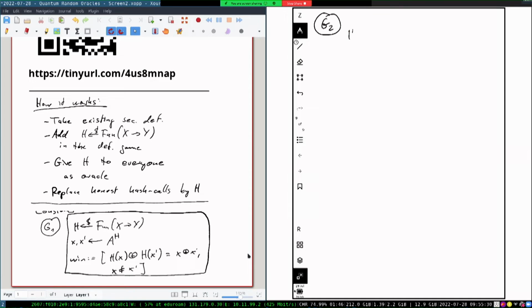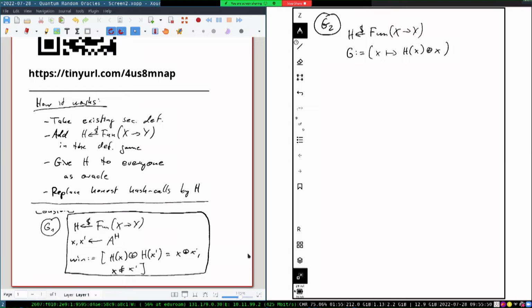So I still pick h for the moment for reference, but I define a function g that maps x to h of x XOR x.